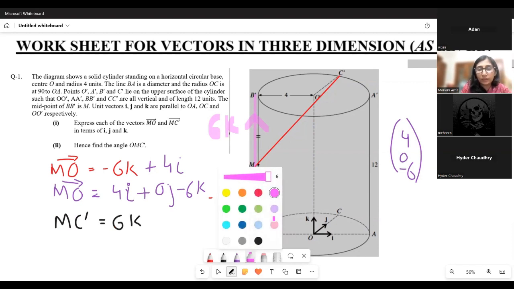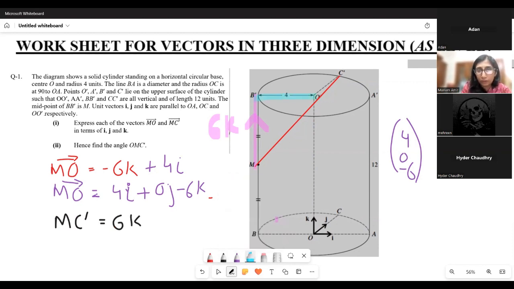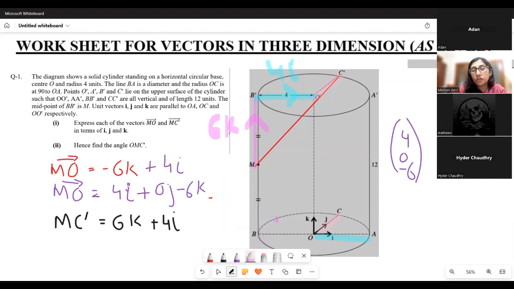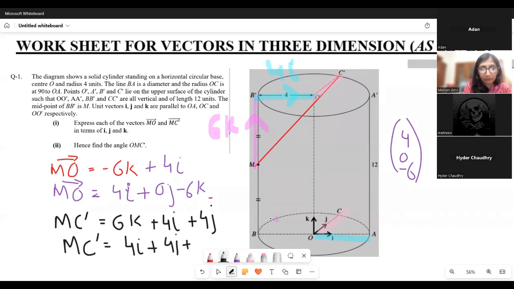Then we can move 4 units towards the right, and right movement is I, so plus 4I. And then we're moving another 4 units in the direction of J, so plus 4J. So in alphabetical order this is 4I plus 4J plus 6K.